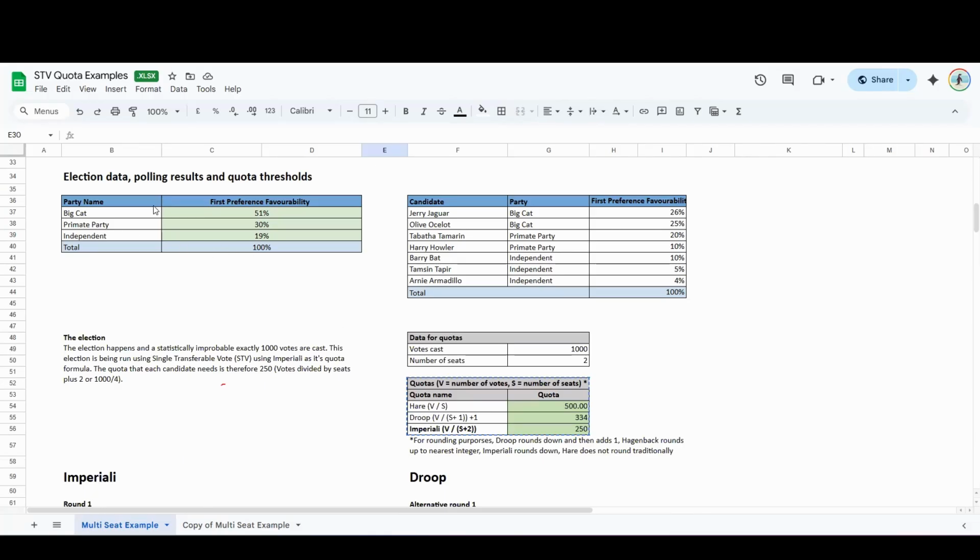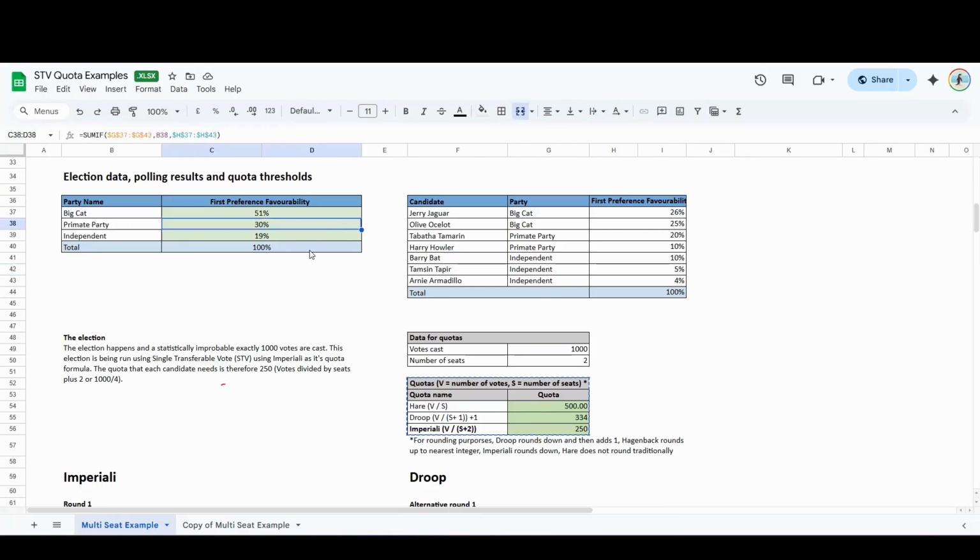That will be their voting pattern throughout this example. In the polling, we find that Big Cat has a slight plurality of voting. They are the favoured party of 51% of the voters. So they are the largest party, and they are the most popular party.